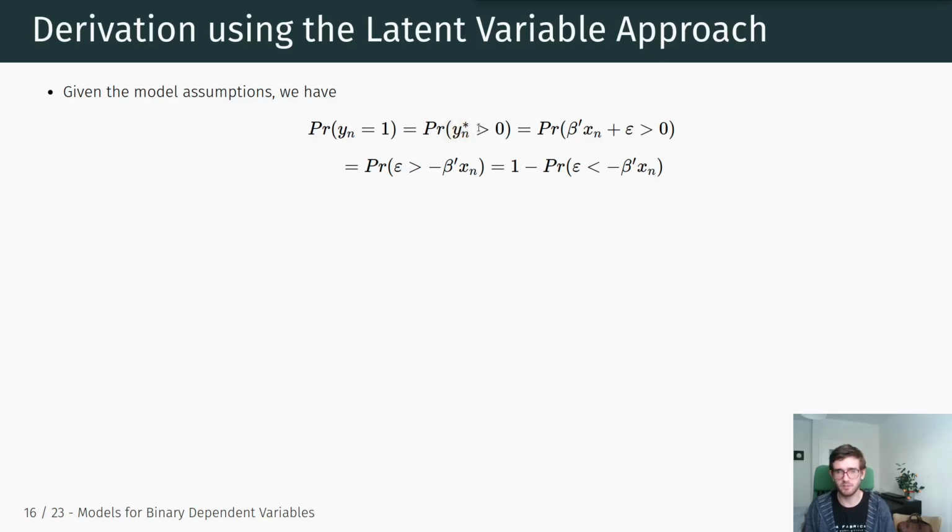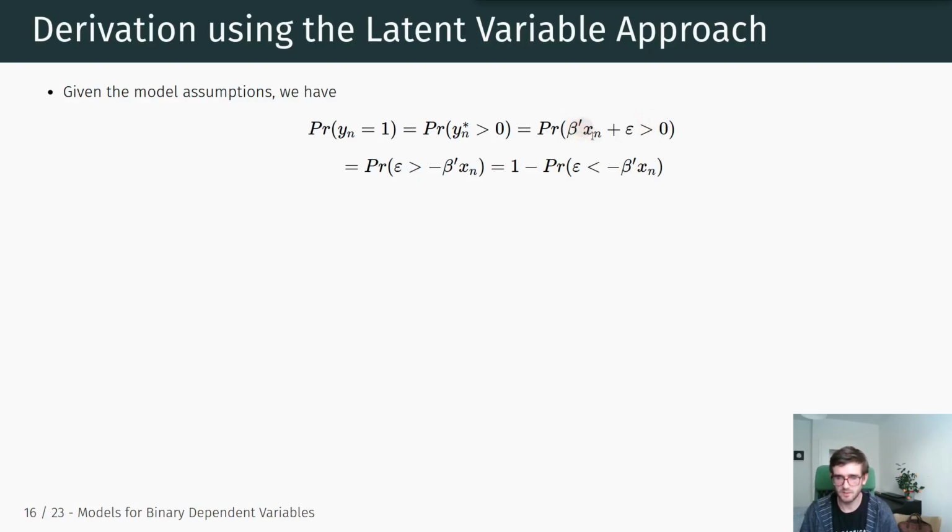And as we said, the threshold that we chose as an identifying assumption is tau being equal to 0. So the probability of observing a 1 is therefore equal to the probability of our latent variable being larger than 0, which, plugging in the systematic component and our epsilon, is equal to the probability of beta prime xn plus epsilon being larger than 0, okay?